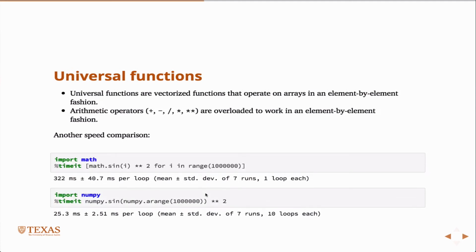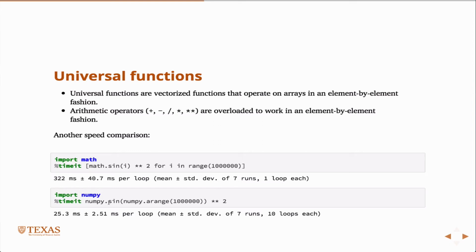There's also the ability to call functions on entire arrays. Again, here's an example and some timings. In pure Python, I can import the math library, and the math library gives me access to a function called sine. So if I call the sine of 1, the sine of 2, the sine of 3, and I square that every time all the way to 1,000,000, creating that list, then you see 322 milliseconds. Versus the same operation in Numpy.